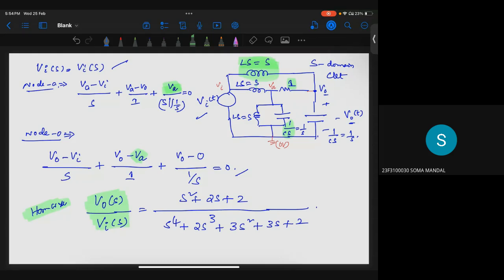So this is how you will find the transfer function. Once you find it, this is your N of s and this is your D of s. From here you can find the zeros and the poles. Once you have the poles and zeros, you can plot the pole-zero diagram and talk about whether the system is stable or not. Is this clear?